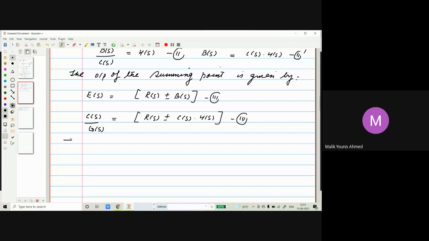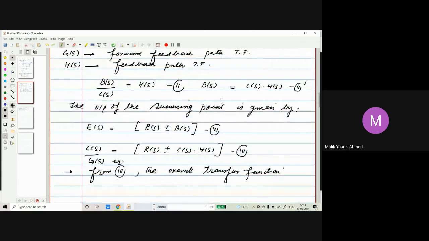So from equation fourth, the overall transfer function, let's say we will denote that by M of S. Let's say this is arbitrary we are taking.